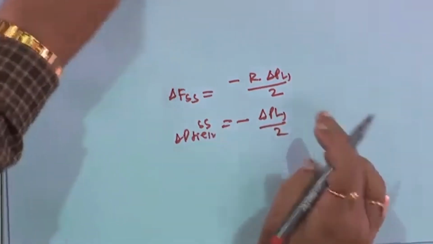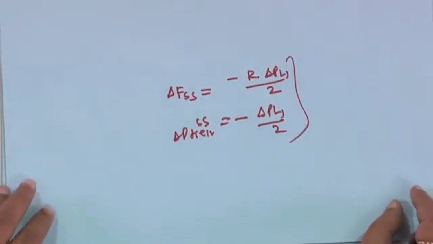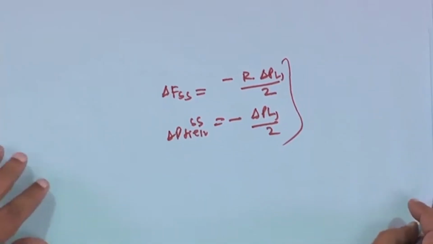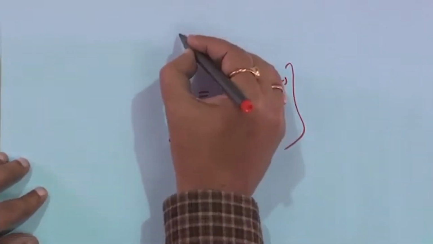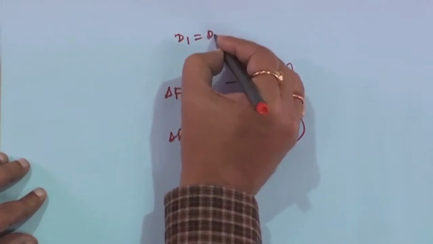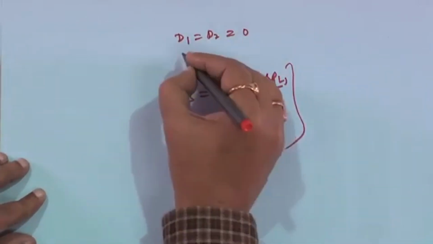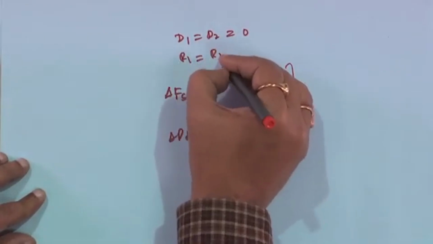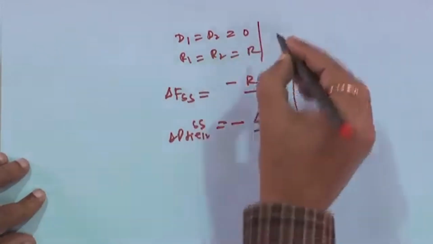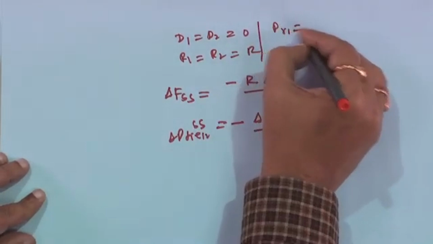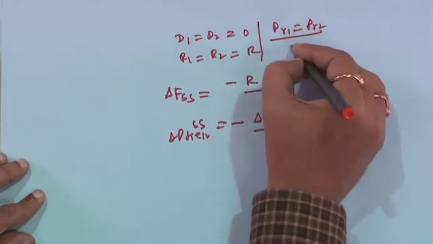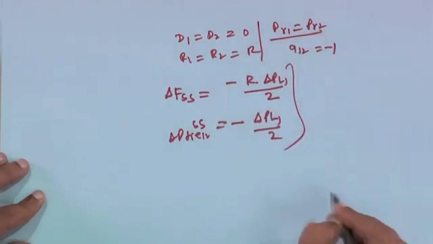This will be very helpful from the numerical point of view. So, what conditions have we taken? We have taken D1 is equal to D2 is equal to 0, R1 is equal to R2 is equal to R, and in addition PR1 is equal to PR2, such that A12 is equal to minus 1.